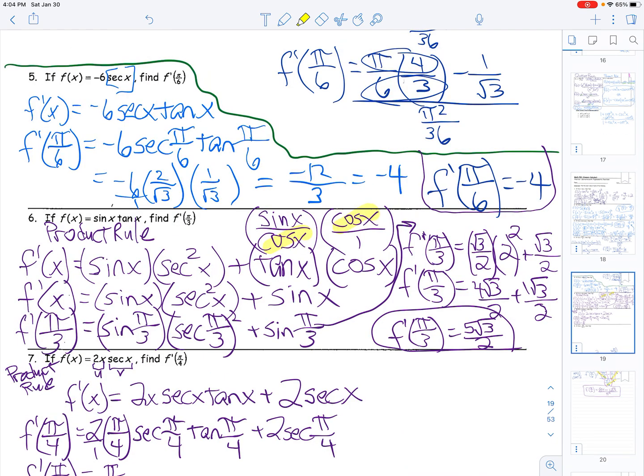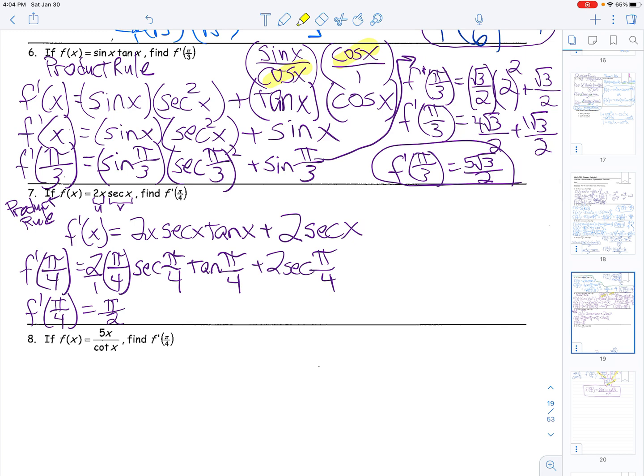All right, so secant pi over 4 is 2 over radical 2. Tan pi over 4 is 1 plus 2 times the secant of pi over 4, again 2 over radical 2, right? It's the reciprocal of cosine pi over 4.